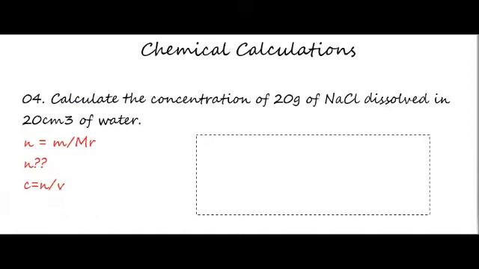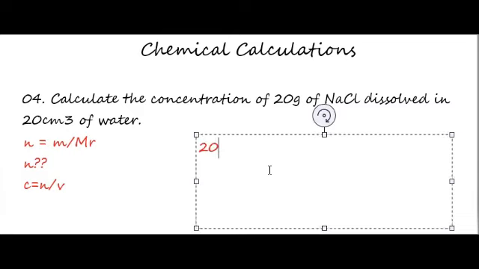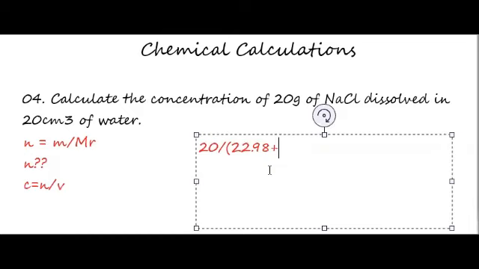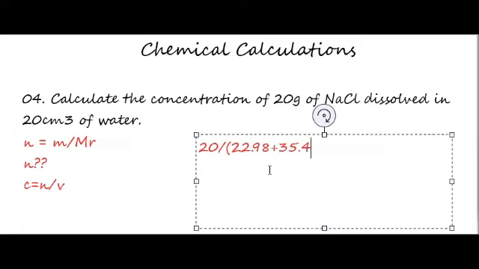Okay. So first of all, 20 grams divided by sodium, which is 22.98, plus chlorine, which is 35.5. So 20 divided by 22.9 plus 35.5.